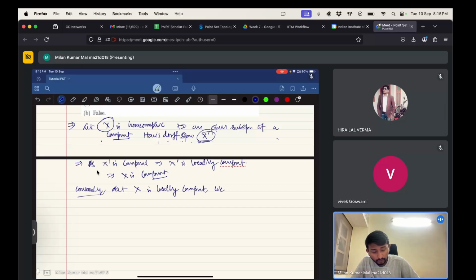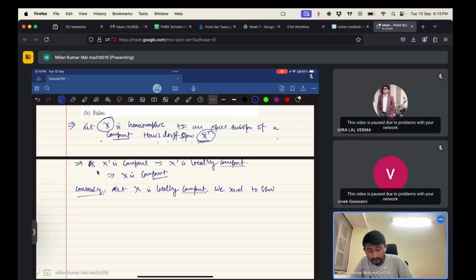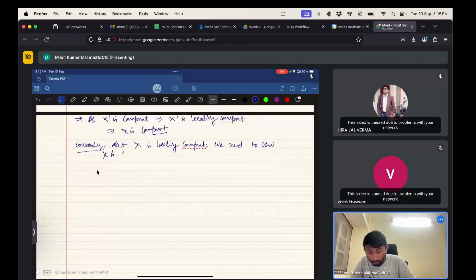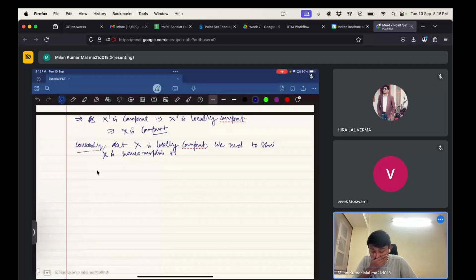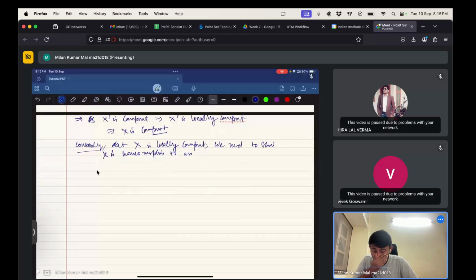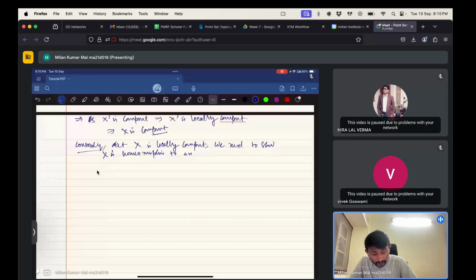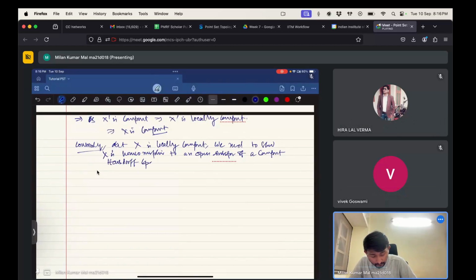We need to show X is homeomorphic to an open subspace of a compact Hausdorff space.